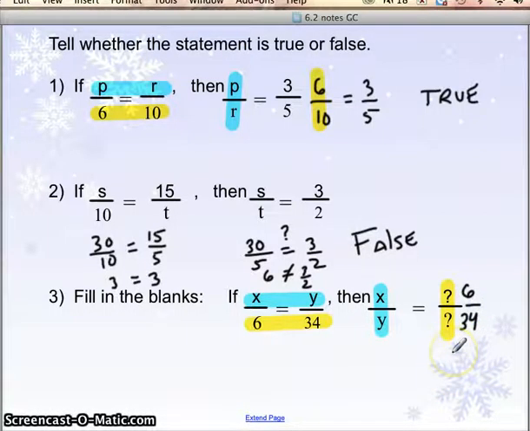And the question now is, does that reduce at all? If I divided the top by 2, I would get a 3, and if I divide 34 by 2, I'd get 17. So it reduces down to 3 over 17. Okay, next page.